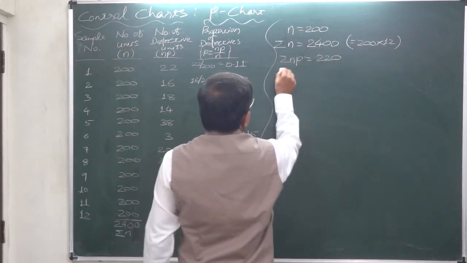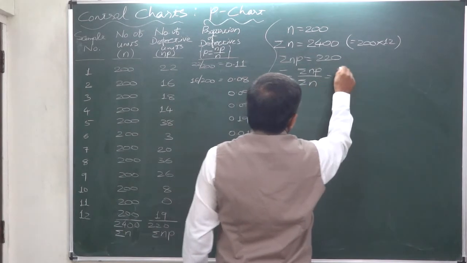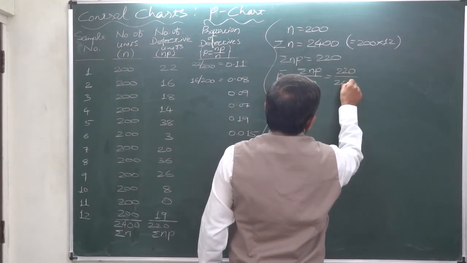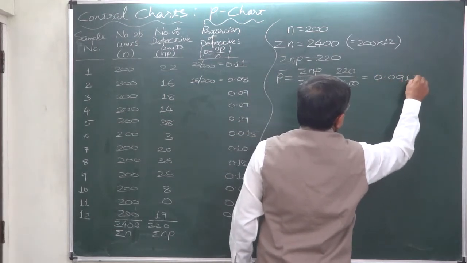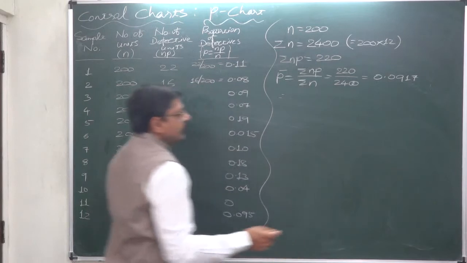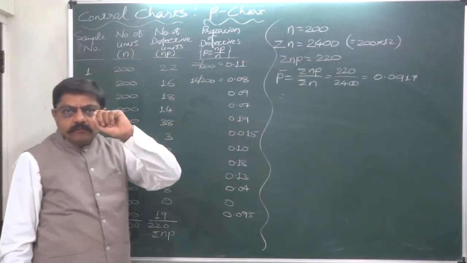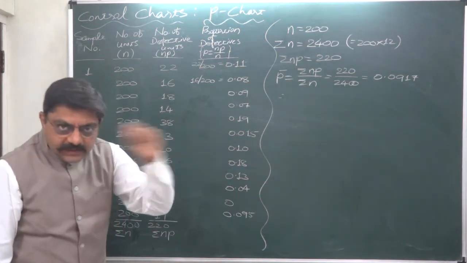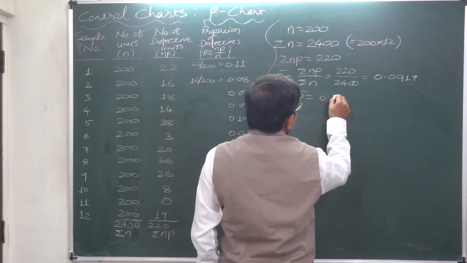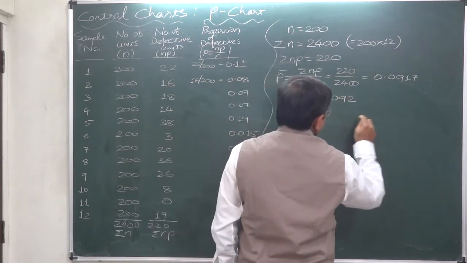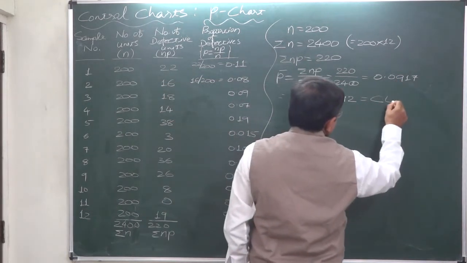So we can calculate P bar, that is sigma NP divided by sigma N, that is 220 divided by 2400, that is 0.0917. If we round it off to 3 decimal places, because the third decimal we can show on the millimeter line, our P bar comes to 0.092. But in further calculation we shall use the value 0.0917, and this becomes our central line.